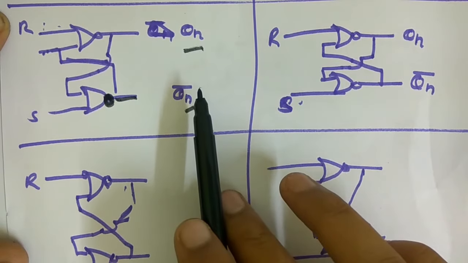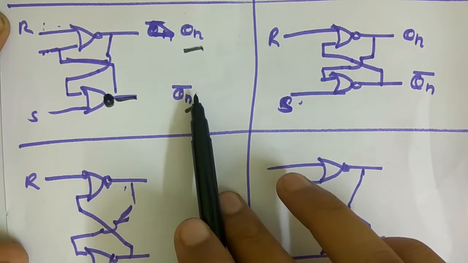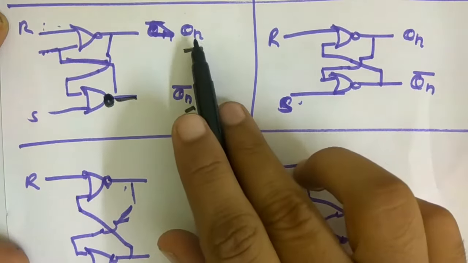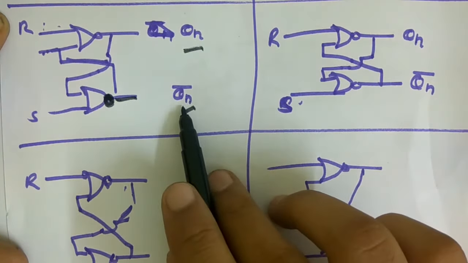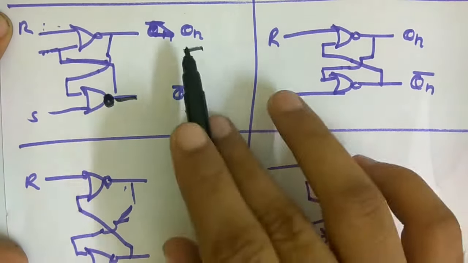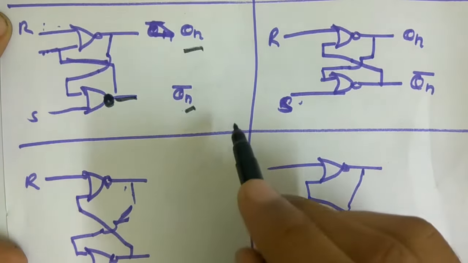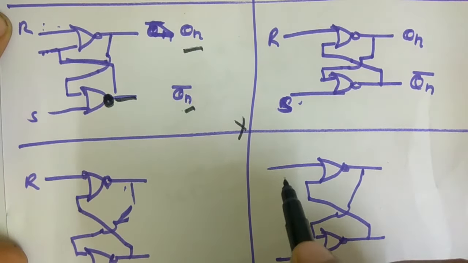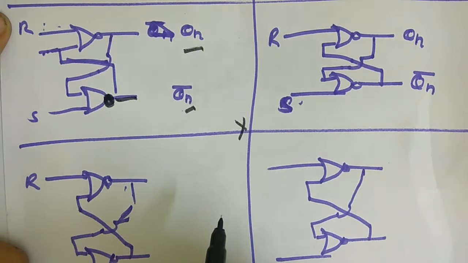As we discussed in Boolean algebra, the bar shows the complement. So if the Qn is 0, then it will be 1, and if it is 1, it will be 0. If they are not complements, then that condition is called invalid. This is the fundamental.